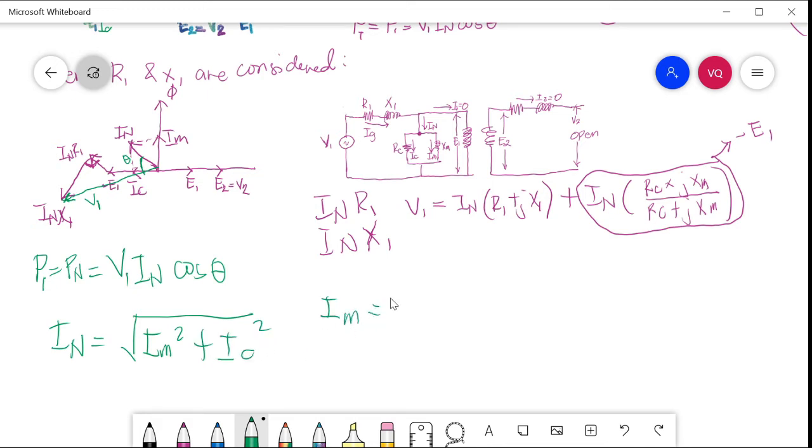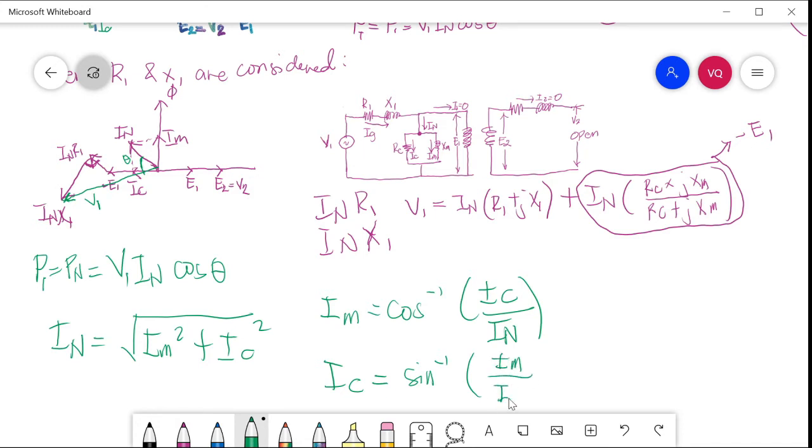So IM is equal to cosine of adjacent, which is IC, all over IN, and IC is equal to arc sine of the opposite of the angle, IM, divided by IN.